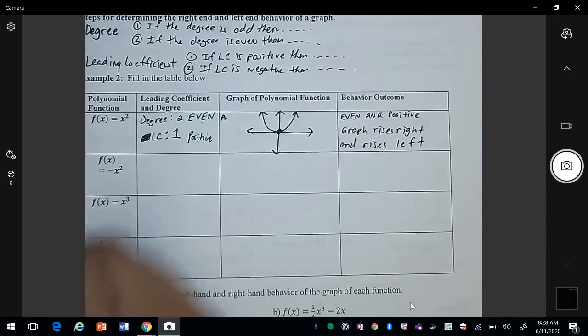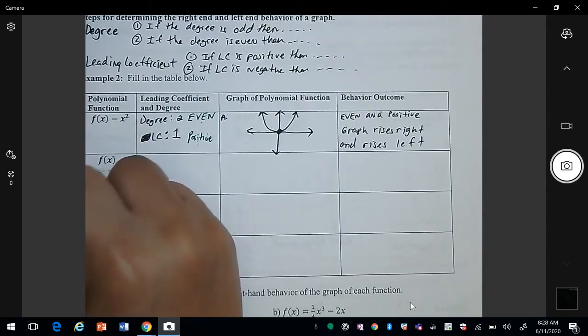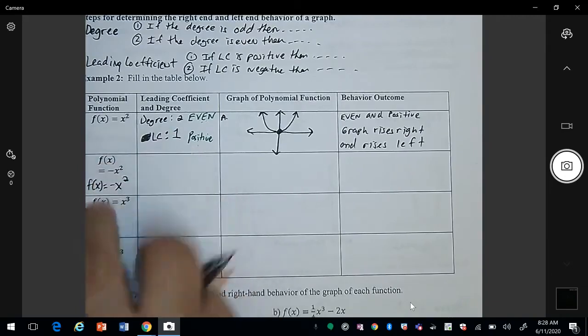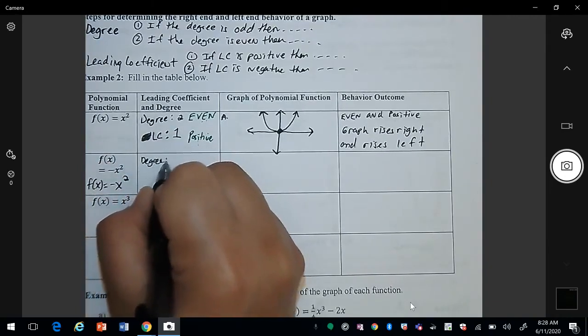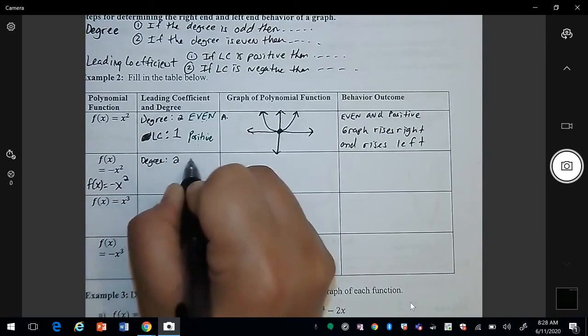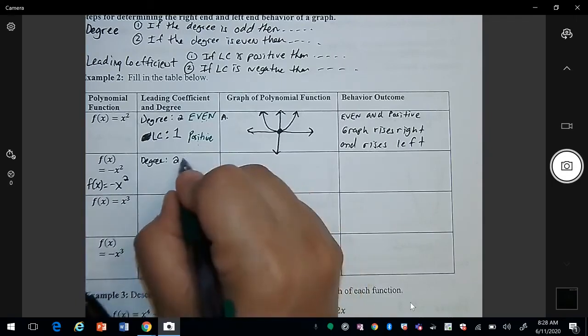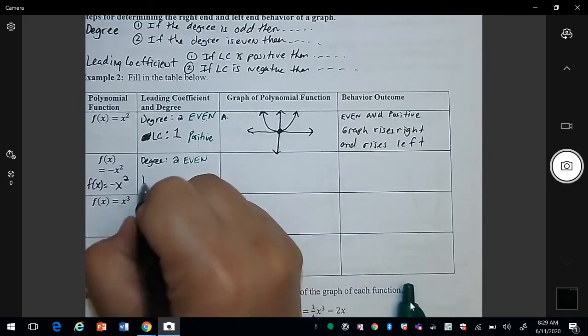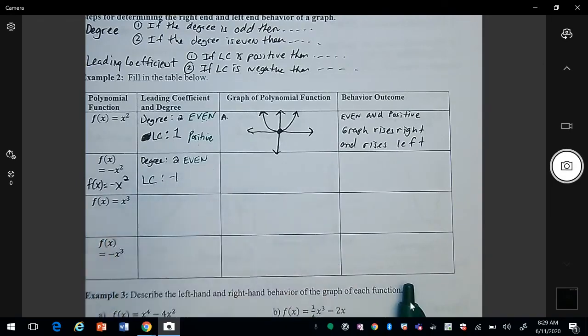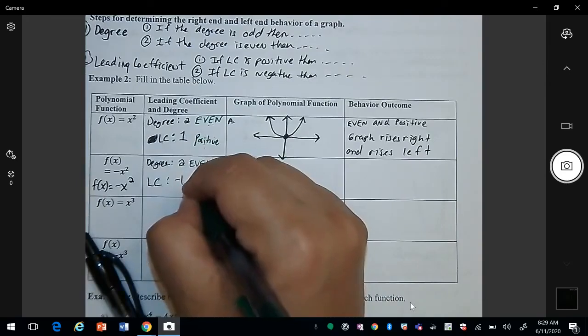The next one is f of x equals negative x squared. And so the degree for that is 2, which is still even. And the leading coefficient is negative 1, which is now negative.